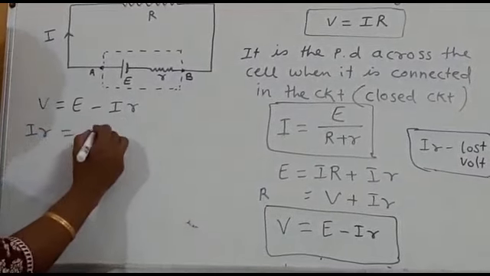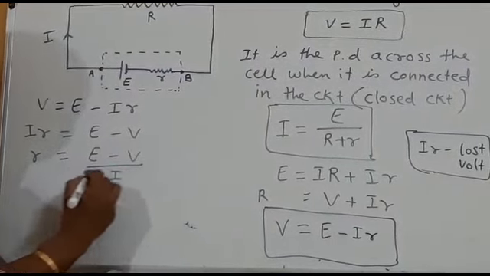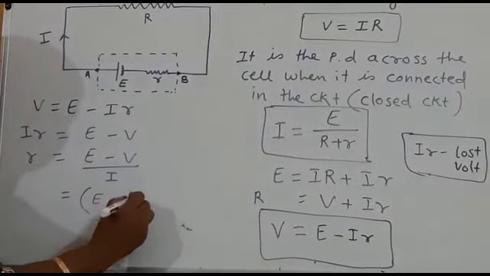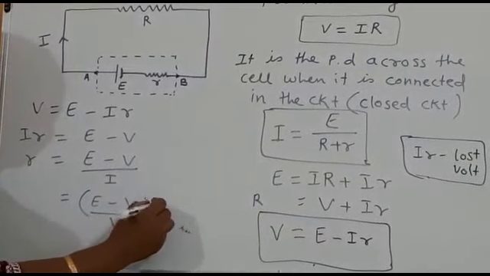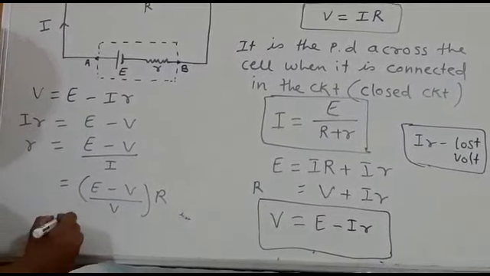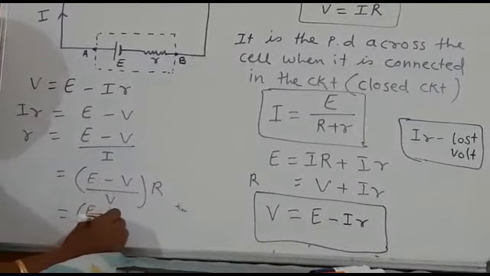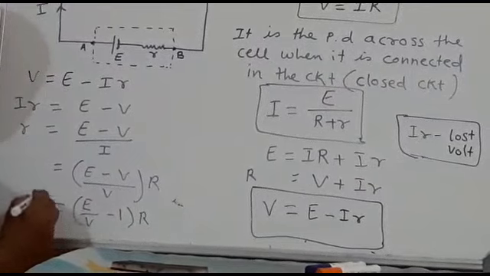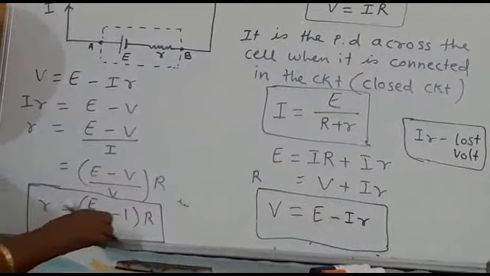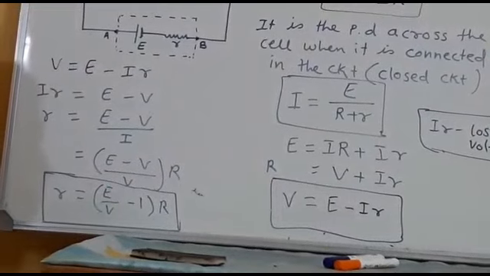So it is Ir is E minus V, r is equal to (E minus V) by I. So I is V by R. So it is (E minus V) into R upon V, which gives r is equal to (E by V minus 1) into R. This is the formula for the internal resistance of any cell. r is (E by V minus 1) into R.